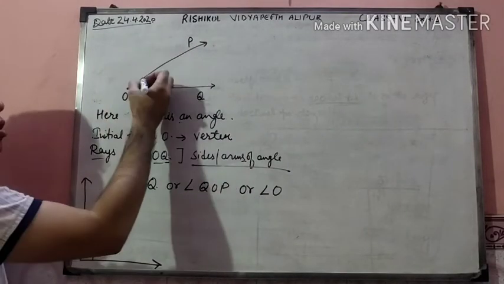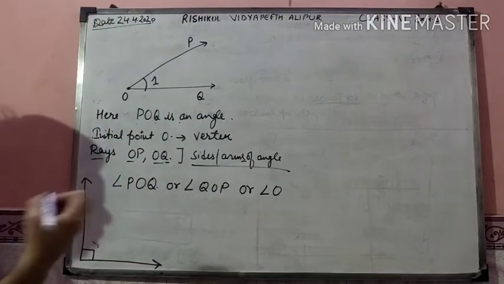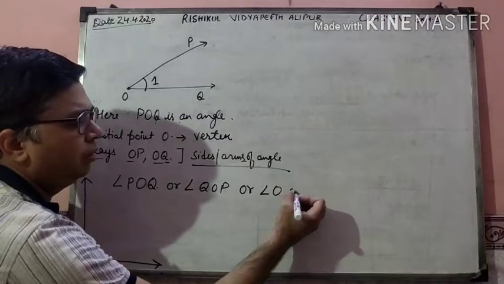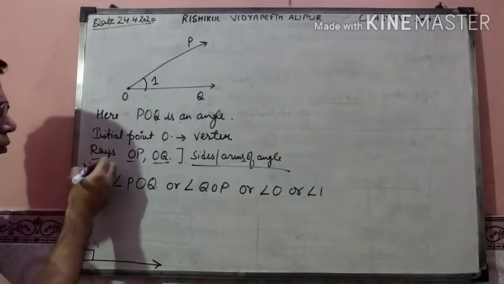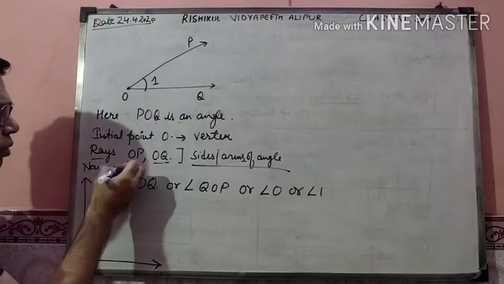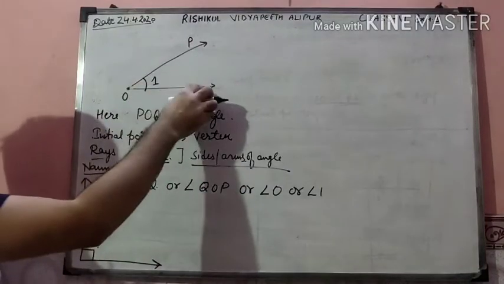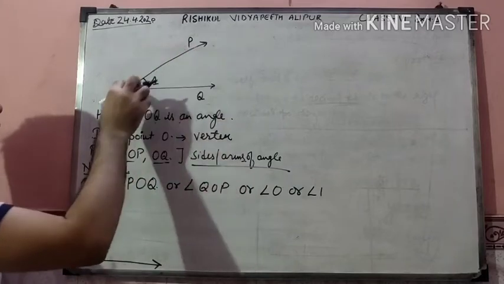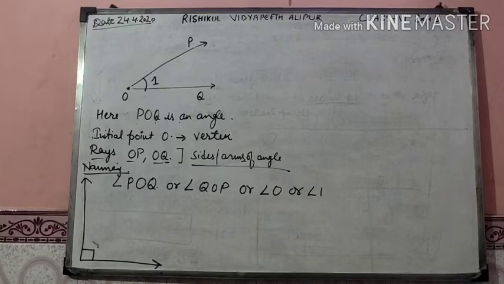Or we can name it angle 1. So you can write it as POQ, QOP, only O, or angle 1. These are the different ways we can write the name of an angle. Is that clear?